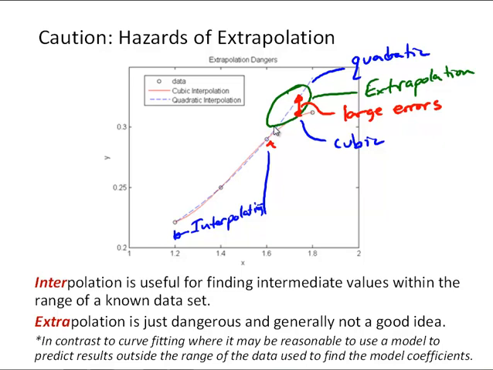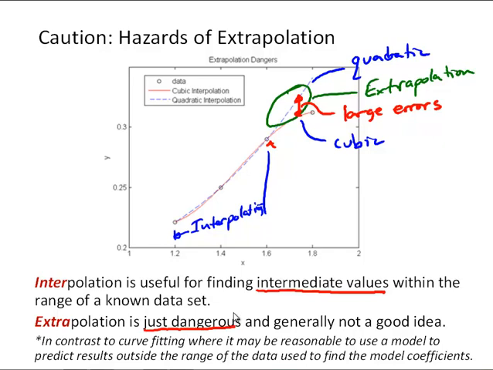So again, interpolation is useful for finding intermediate values. It needs to be within the range of the known data set. Extrapolation, basically taking the interpolated polynomial, in this case the quadratic that we generated with these 3 points, and using it to extrapolate for values of x greater than 1.6, causes large errors. There's no way to correct it. Extrapolation is just dangerous, generally not a good idea.